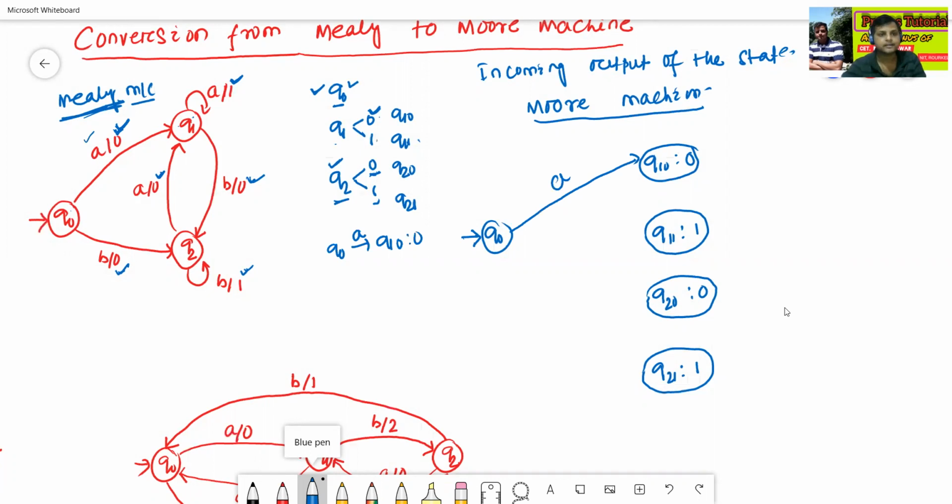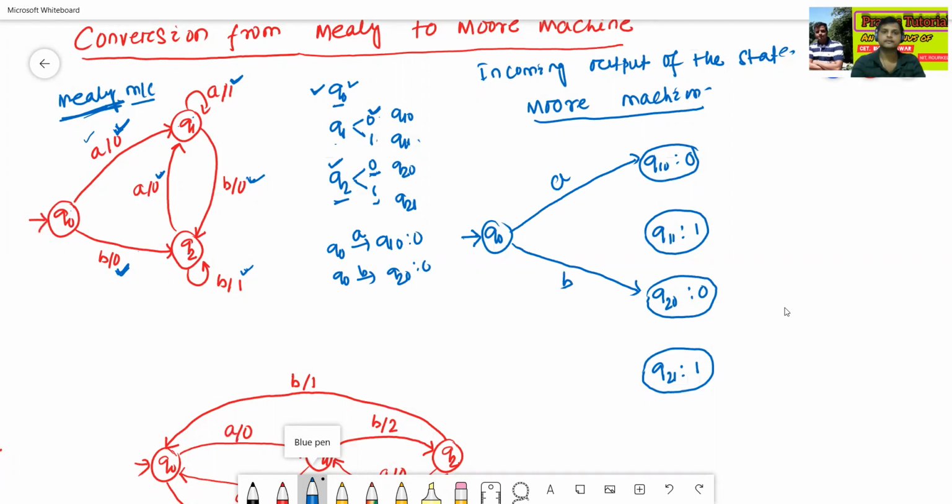Then Q0 reading b goes to Q2, but its output is 0. Since the output is 0, it will go to Q20.